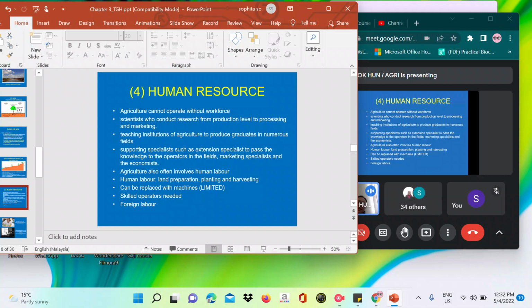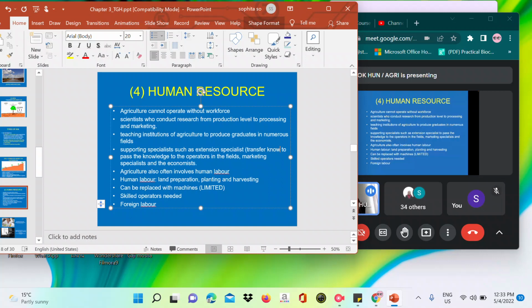For example, from Mardi, they develop certain technology and then want to pass that technology to the farmer. So this extension specialist plays a role to transfer the knowledge to the farmer. They act as an agent between the researcher and the farmer, the end user.